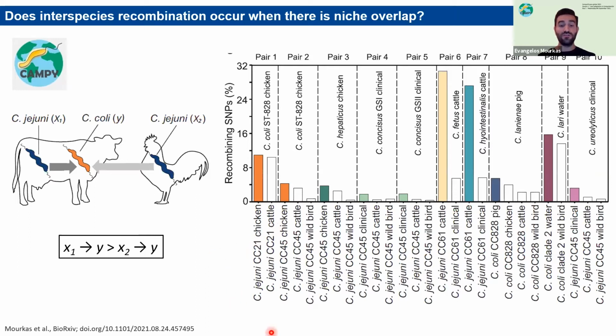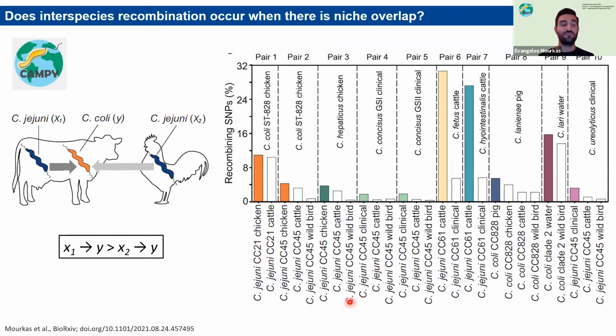In the groups where the results proved the hypothesis, we saw interspecies recombination. For example, Campylobacter jejuni clonal complexes 21 and 45, also Campylobacter coli ST828 in chicken.